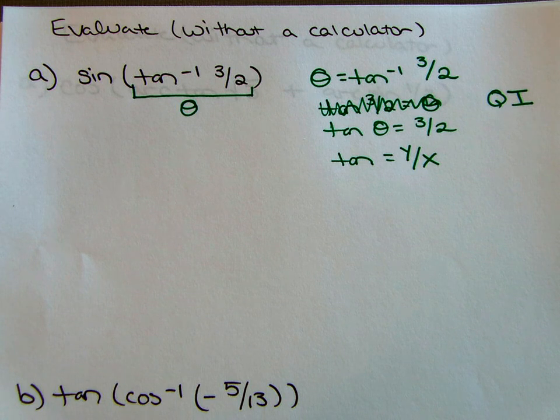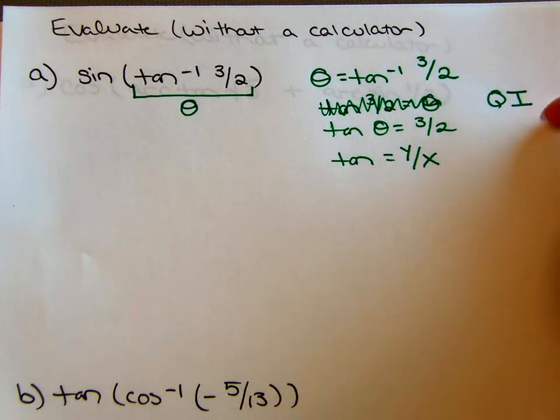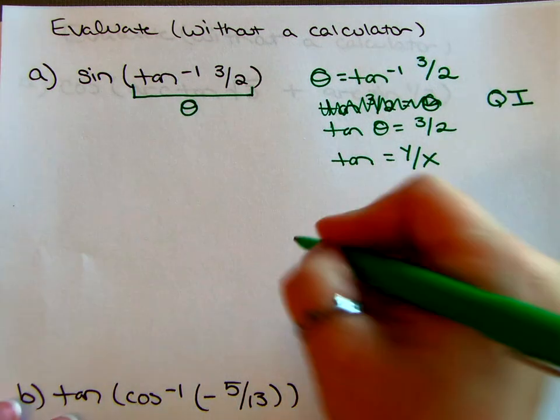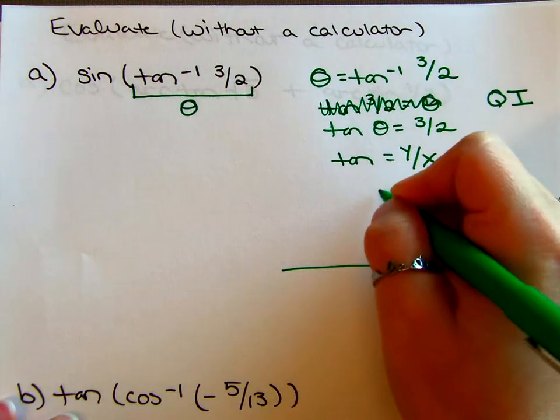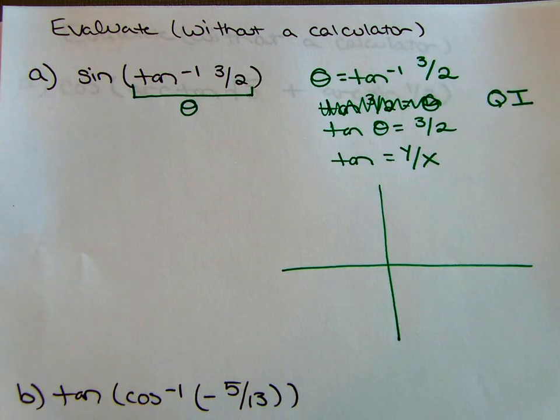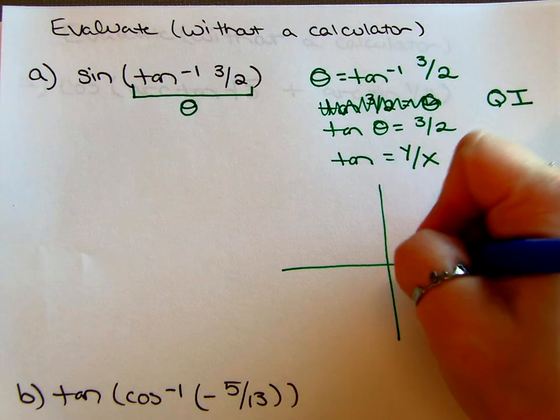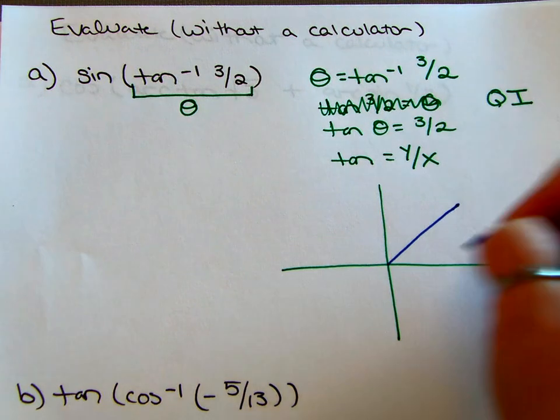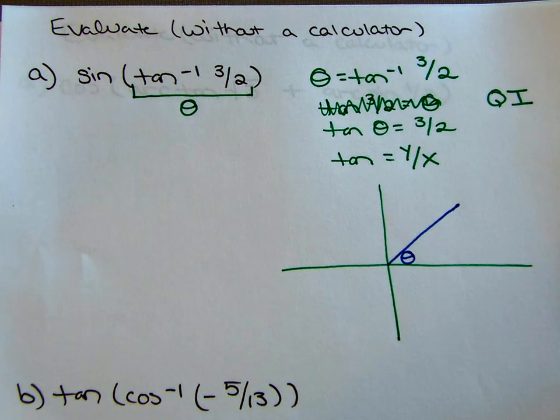So we're going to draw a picture like we did back in chapter 1 or chapter 2, where we have our different quadrants and we're going to draw our triangle. And we know we're in quadrant 1, so I'm going to draw it in quadrant 1. Okay? I'm going to draw my angle in here, where we have theta right here.